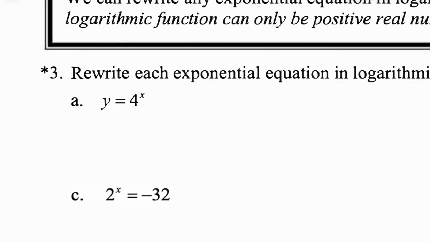Our power is x. Our number is y. Our base is 4. So remember, the number equals a base to some power switches to the log base b of that number equals the power.